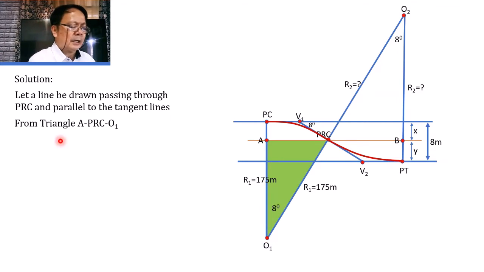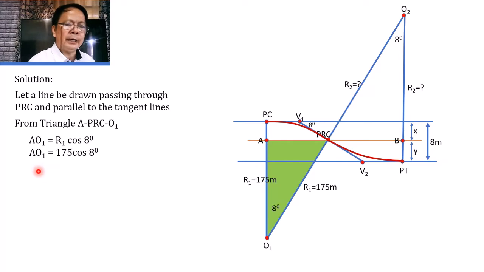So the ratio of the side A to O sub 1 to PRC to O sub 1 is equal to the cosine of the angle theta, so that A to O sub 1 can be computed as R sub 1 cosine of 8 degrees. Because we are given R sub 1, which is equal to 175 meters, we can solve for A O sub 1, which is equal to 175 cosine of 8 degrees.